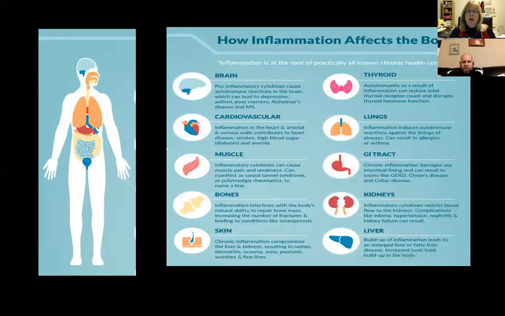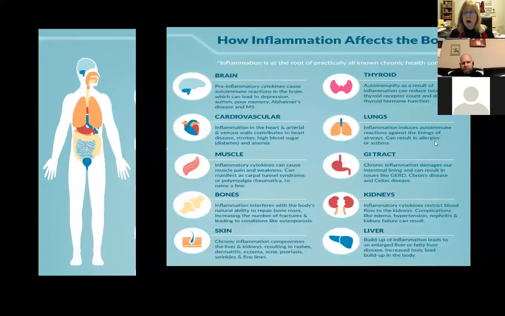So when we think about inflammation in the body, this is probably one of my favorite slides that I use when I'm working with health professionals, to understand how they need to look at different parts of their body and what kind of problems they're going to find. So we can look at the autoimmune diseases. MS is within the brain that we see with the cytokines.